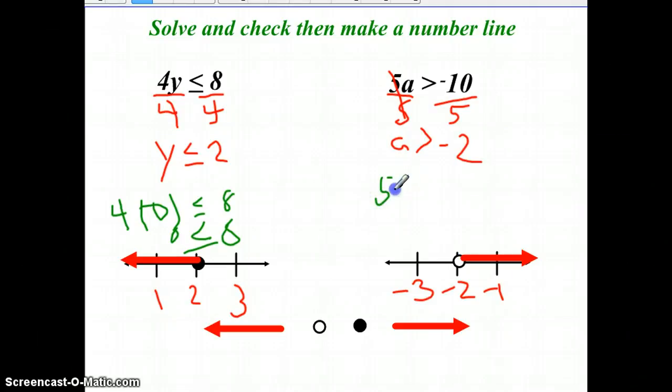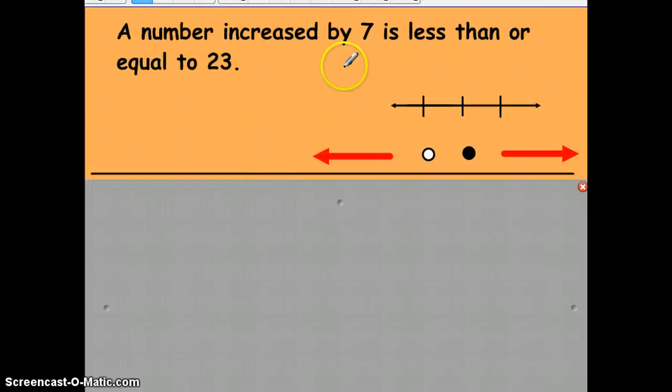So 5 times a, where a is anything that is greater than negative 2. So again, let's take 0. That would be easy. Is 5 times 0 greater than negative 10? And 5 times 0 is 0, and 0 is greater than negative 10. So we were correct.